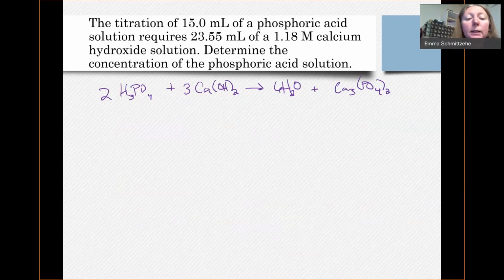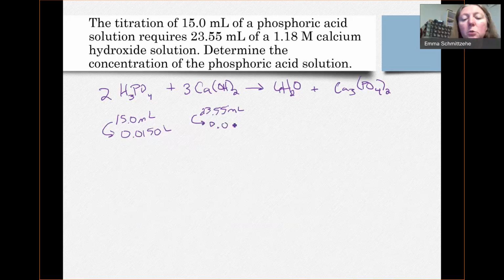And let's see, the info we know is 15 milliliters of phosphoric acid, which I'll go ahead and rewrite. That's the same thing as 0.0150 liters, okay? And we have 23.55 milliliters of calcium hydroxide, which I'll rewrite. That's 0.02355 liters.